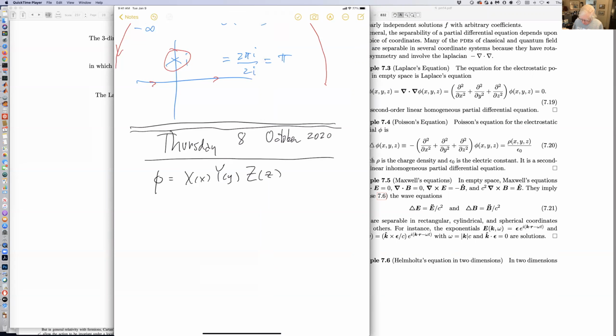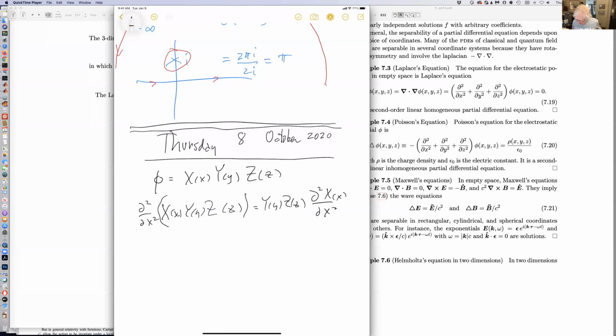And then we have partial squared over partial x squared acting on X(x) Y(y) Z(z), which of course is equal to Y(y) Z(z) times partial squared X over partial x squared.